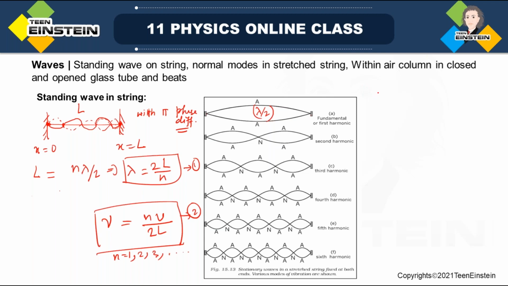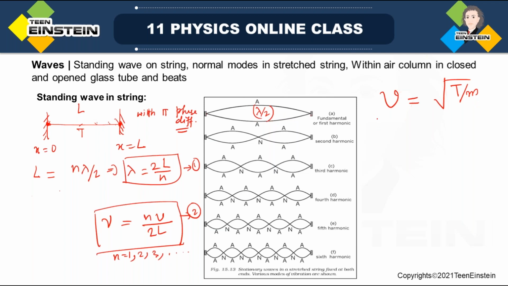Now, if you remember, the speed of a traveling transverse wave in a string is given by root over T by m, where T is the tension in the string and m is the mass per unit length.